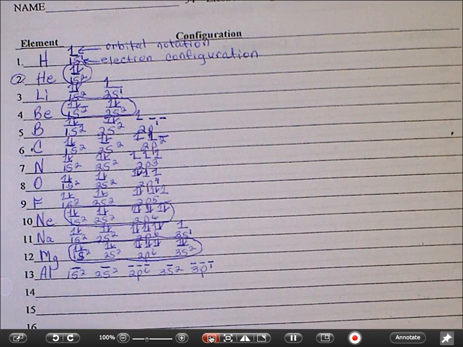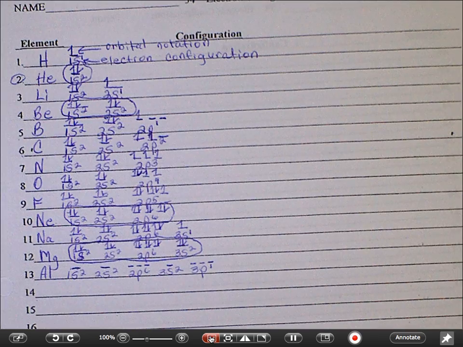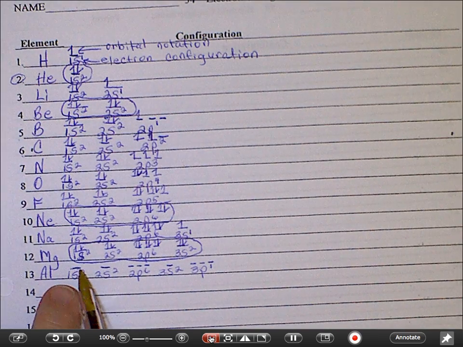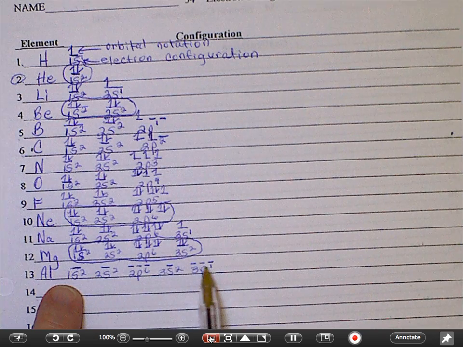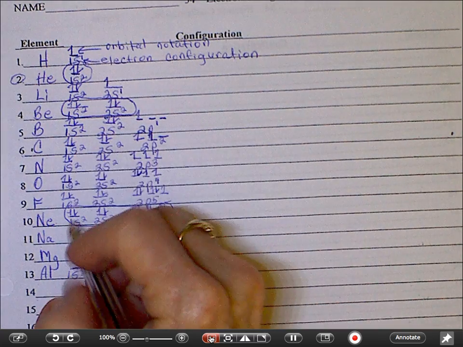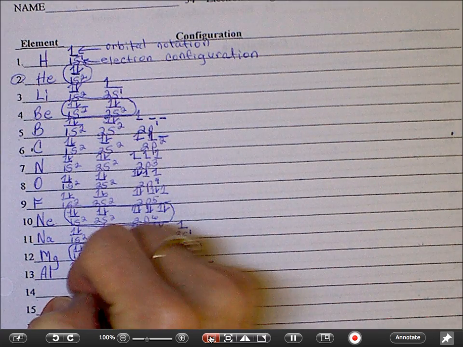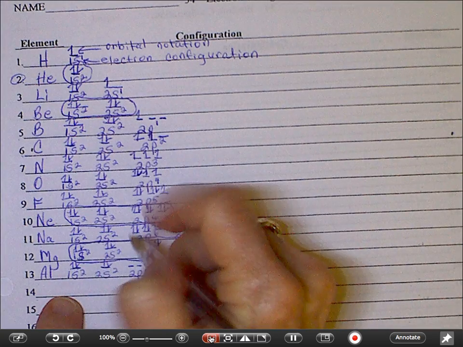Everybody stop and take a look at my screen. 1 for all the S's. How many for all the P's? 3. Do you ever get to drop anything? No. This one is filled. This one is filled.